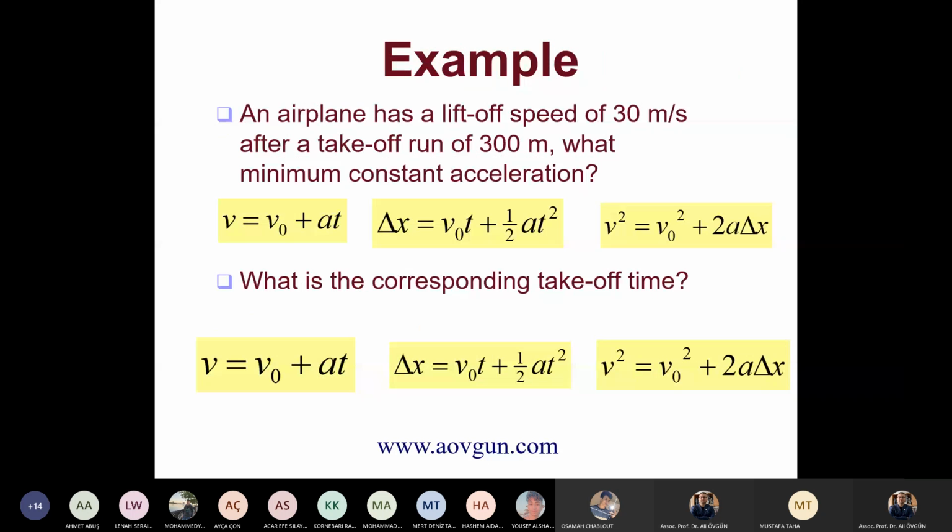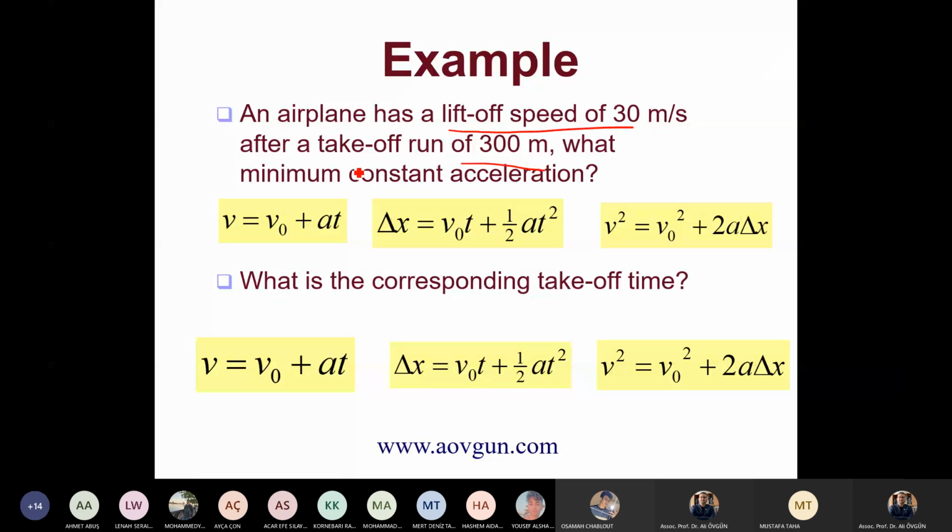Let's look at this example. An airplane has a lift-off speed of 30 meters per second after a takeoff run of 300 meters.